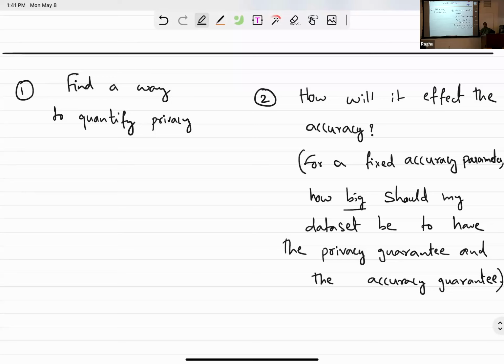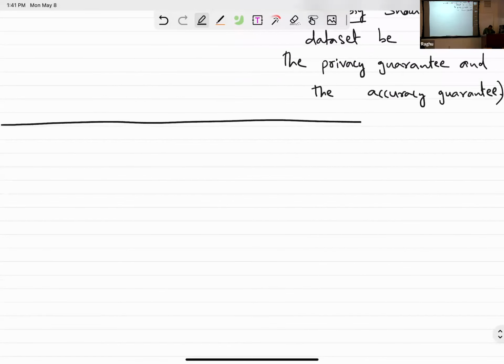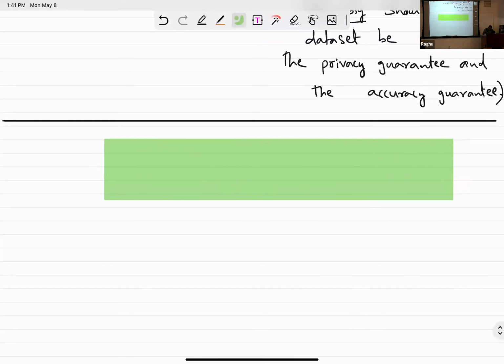And typically, we think bigger data sets are better for individual privacy. And in the next class, when we come back, what we will do is look at one of the more useful, well-studied, and more broadly applicable models in privacy, which is differential privacy.